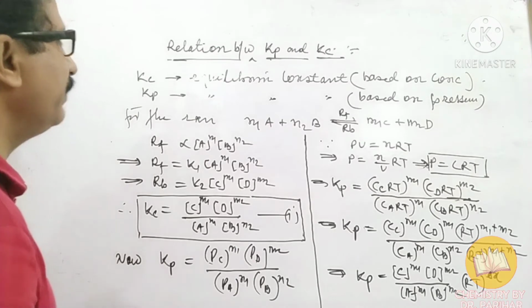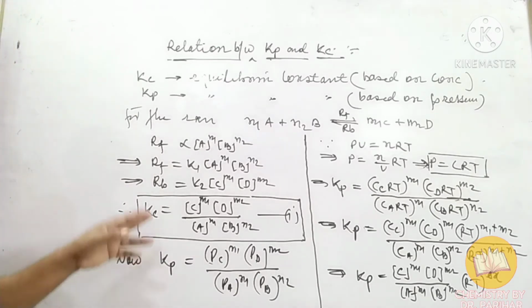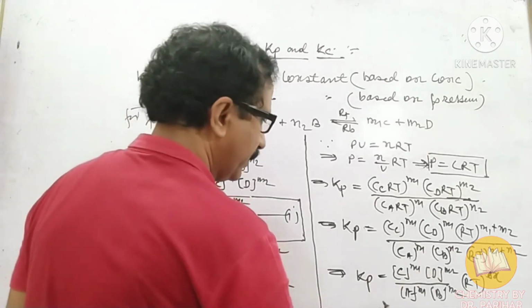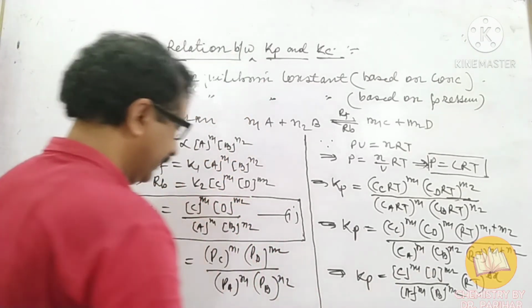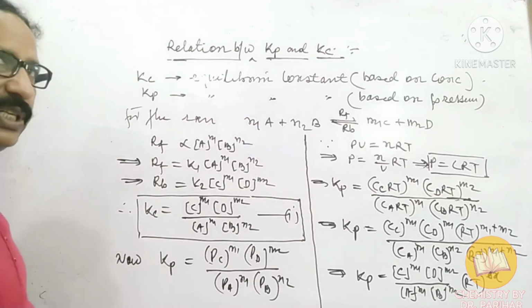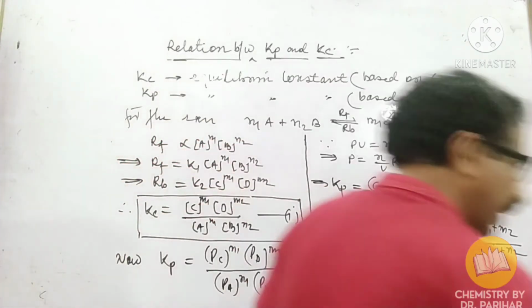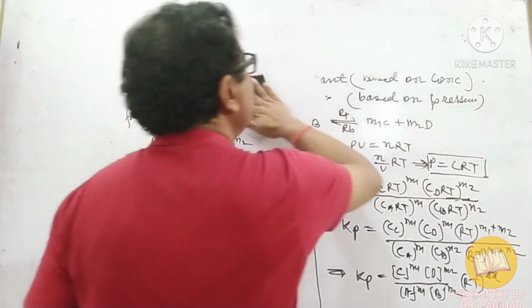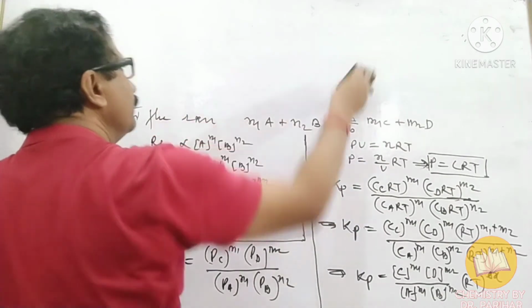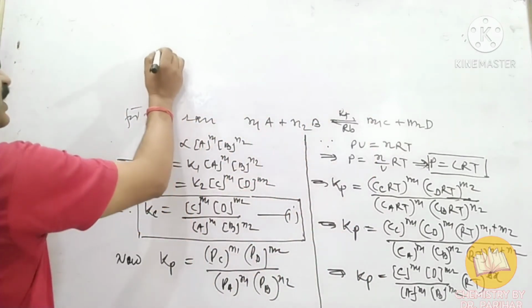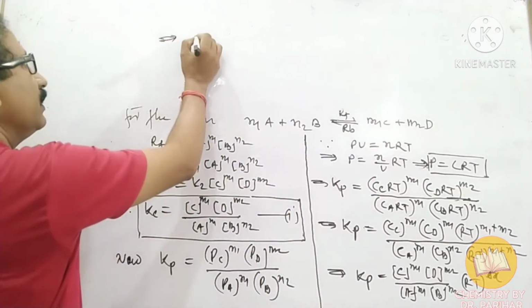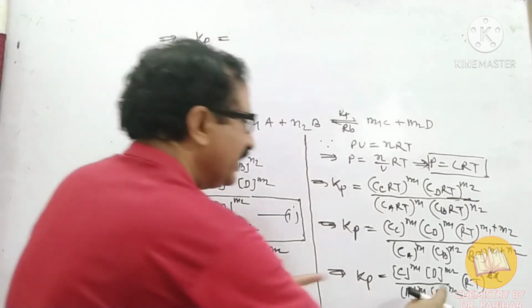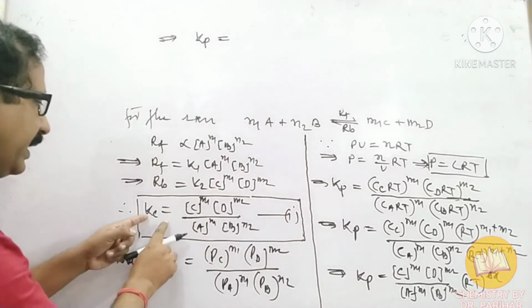And what is meant by the value of delta n? How will you guess its value? Which implies Kp is equal to, this is equivalent to Kc.